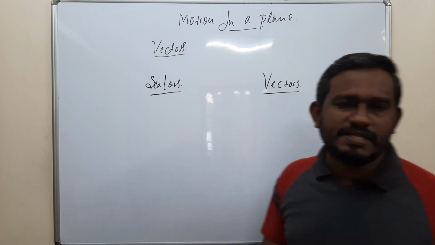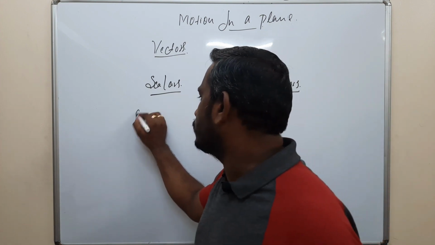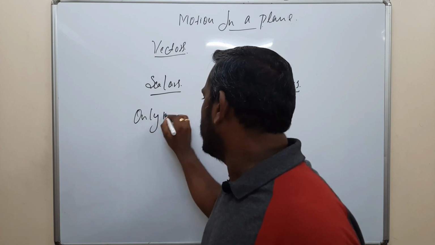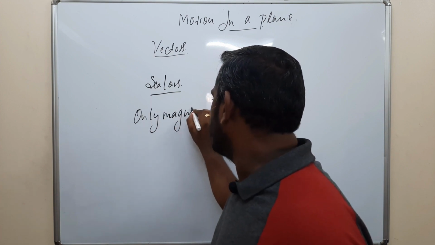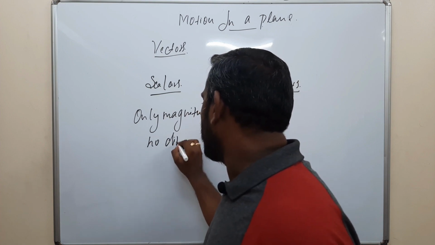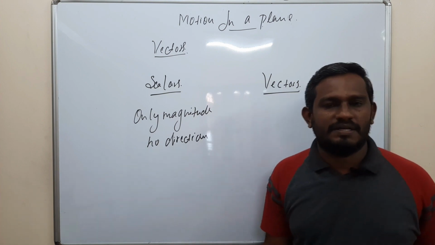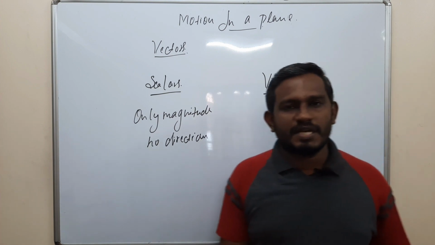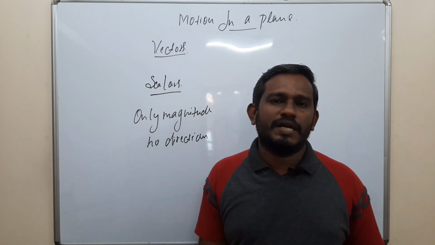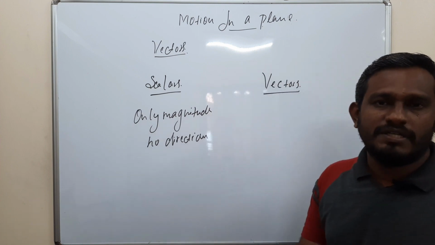Those quantities which have only magnitude and no direction are called scalar quantities.